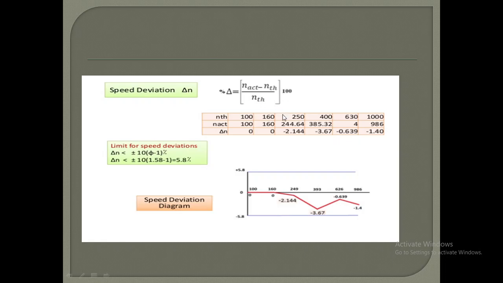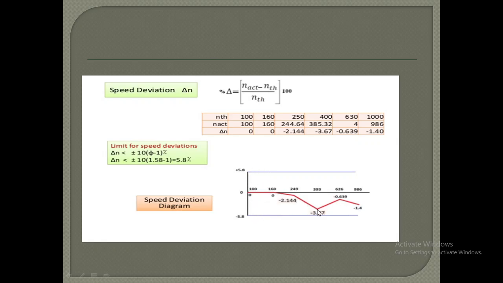Why do we require this? Why do we want to calculate the deviation, or why do we need to draw the speed deviation diagram? You have to check that your number of teeth, or this permissible percentage speed deviation, is in between the input and output speed.